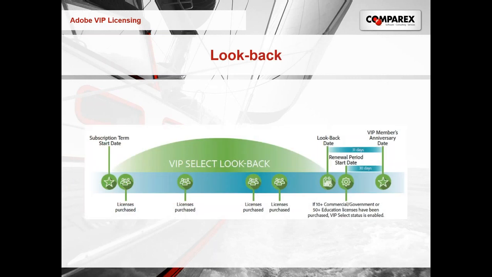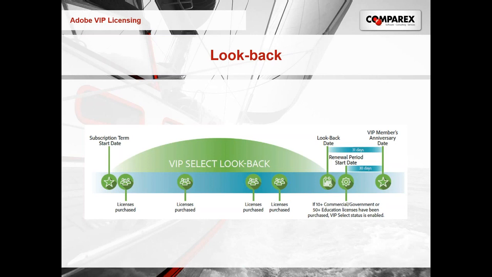Look back. This is how the subscription term looks. From left, you have the subscription start date, and then the licenses purchased during the subscription term. Then you have the look back date. It's 31 days before the anniversary date and before the renewal period starts.